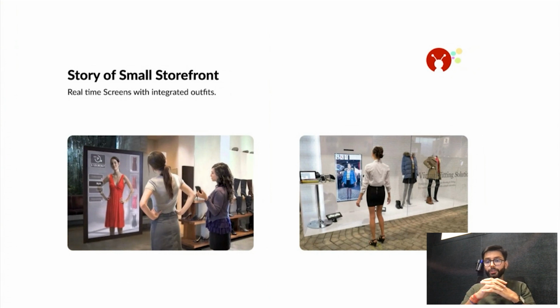When passersby pass, it automatically shows the outfits on their body. Suddenly people started to notice it, and eventually they came in and checked out the outfits. With a single swipe, they could easily change the outfits and see how they look in that particular color. It helped them a lot, and they are doing wonders now.